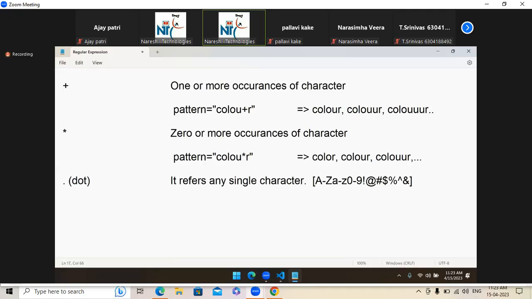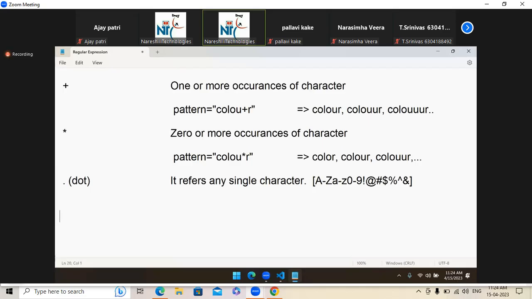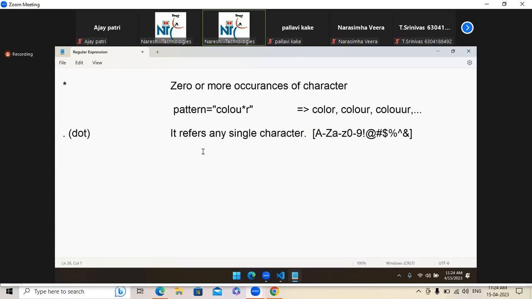For example, let's see one point here. Suppose I am showing you some pattern like this. We have some words like cat, bat, mat, rat, like this. Now we need to refer to all these words.